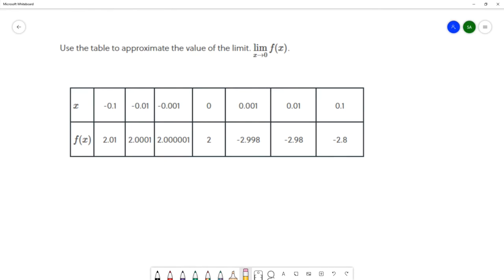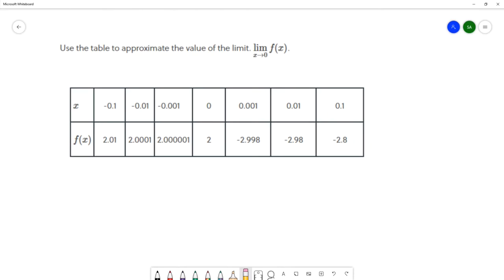As I look at the numbers, negative 0.1 is the furthest away, and when I say furthest, I'm talking about on the real number line. This value is the furthest away, and this one is getting closer, and this one is getting closer. So as I'm looking at these x values, they are getting closer to 0, and all of these numbers are below 0. So that's going to indicate to me how to read the y values.